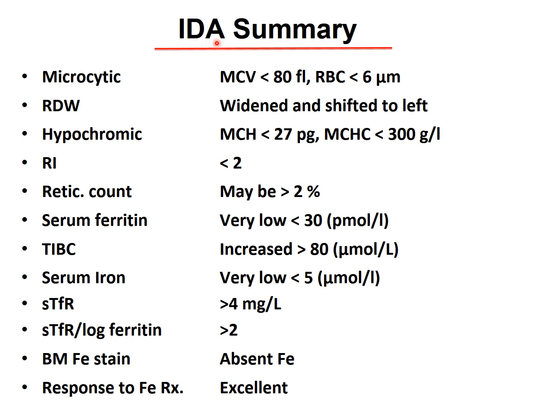So, iron deficiency: microcytic, anisocytosis, hypochromic, reticulocyte index is low, so it's hyporegenerative. Reticulocyte count can be increased or not, but the reticulocyte index is always low. Serum ferritin is always low. Total iron binding capacity is increased. Serum iron is low. Soluble transferrin receptors increased.